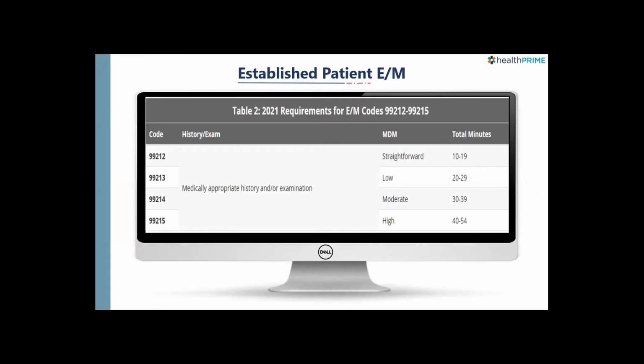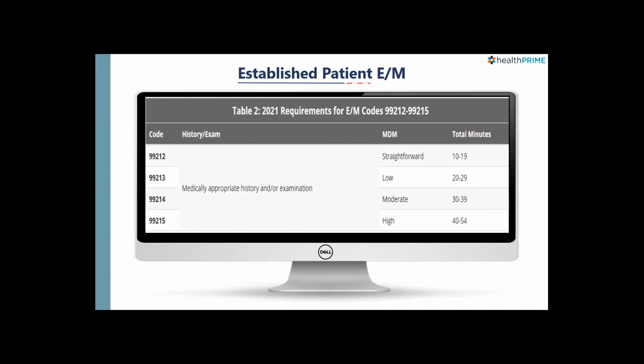Let's also look into the 2021 requirements for E/M codes 99212 to 99215. Similar to the new patient codes for 2021, the key component for deciding the level will be medical decision making or the total time spent with the patient. History and physical examination are no longer the key components in selection of the right code.